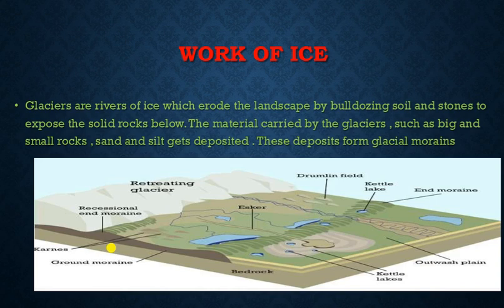Then the huge volume of ice starts coming down under the impact of gravitation and other forces. When the ice starts moving, it erodes the landscape by bulldozing soil and stones to expose the solid rock below.